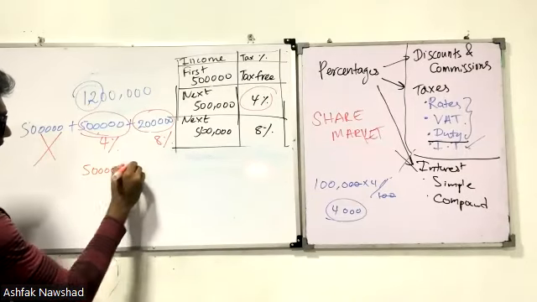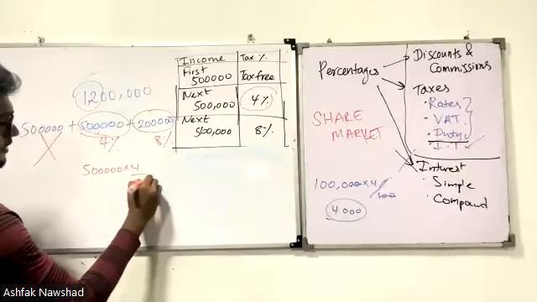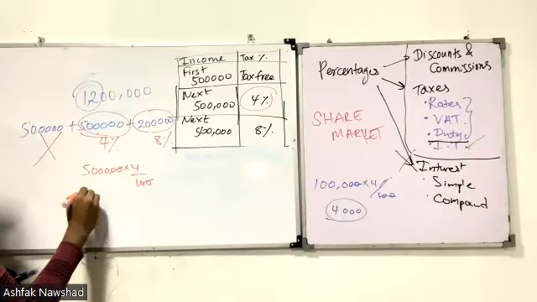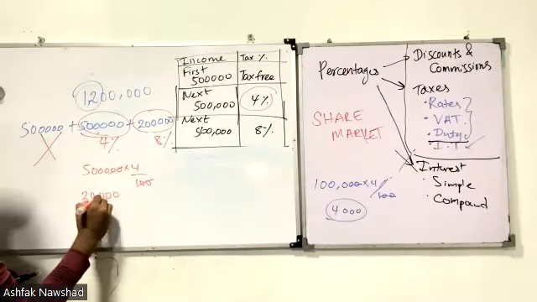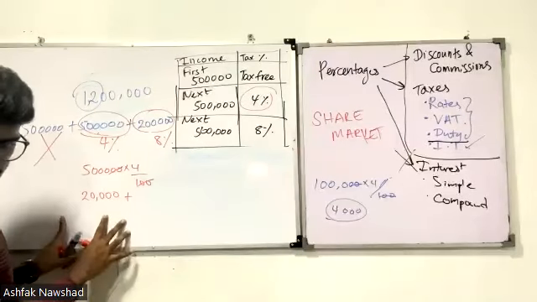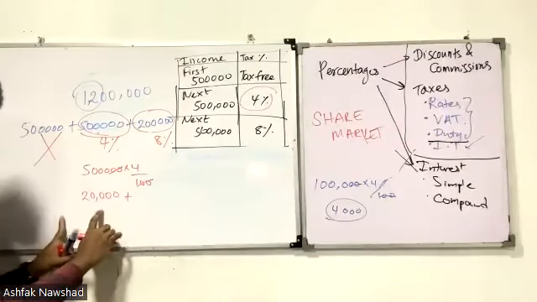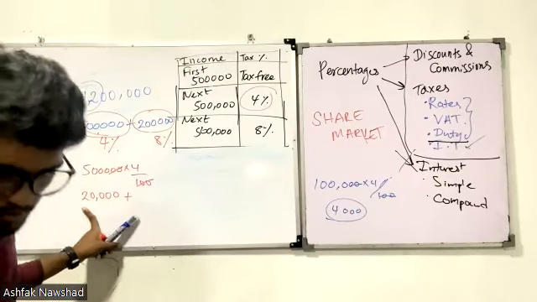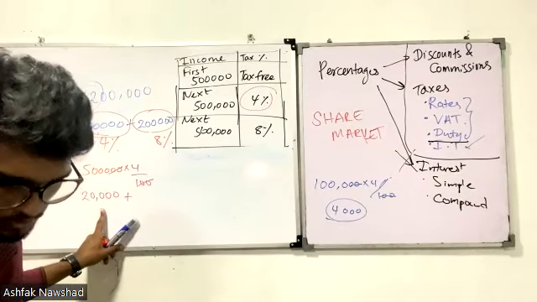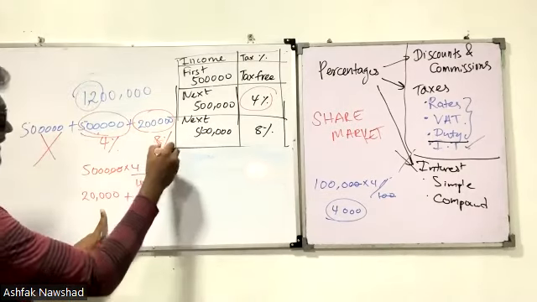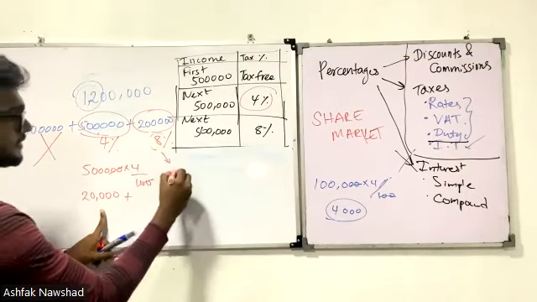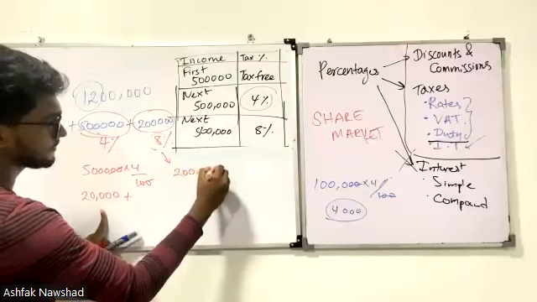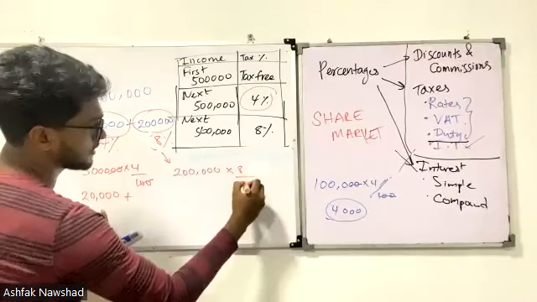It will be 500,000 into 4%, which gives us 20,000. Here it's 20,000. Right? I hope this is clear. Let me know real quick. Is this clear? Yes, good. And then for the remaining 200,000, that's 8%.